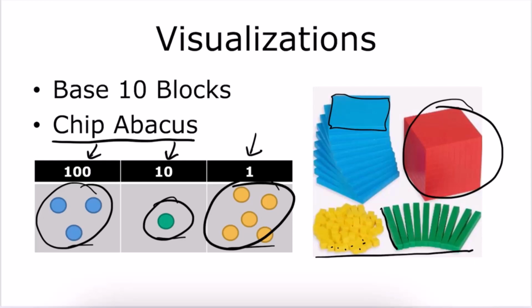The ones are just going to be little blocks, but the tens will be big blocks and the hundreds even bigger and so on. Versus with the chip abacus, your little chips are all going to be the same size. So you should probably start by using the base 10 blocks, and then you can abstract it to be a chip abacus.